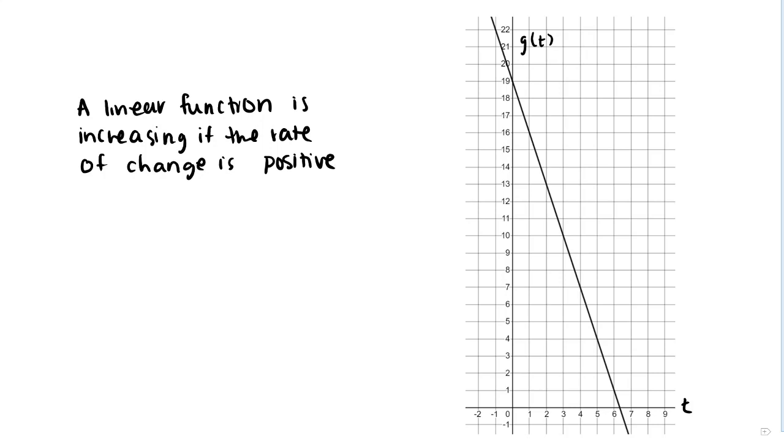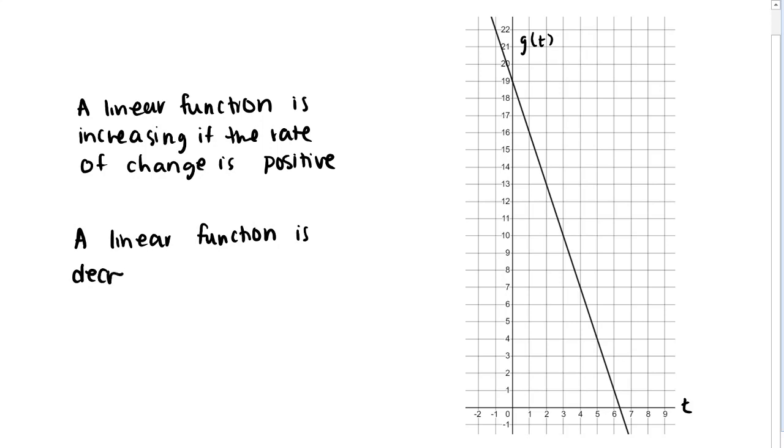We had a rate of change of negative 3. They were losing or using 3 gallons of gasoline per hour. So here we can say that a linear function is decreasing if the rate of change is negative.